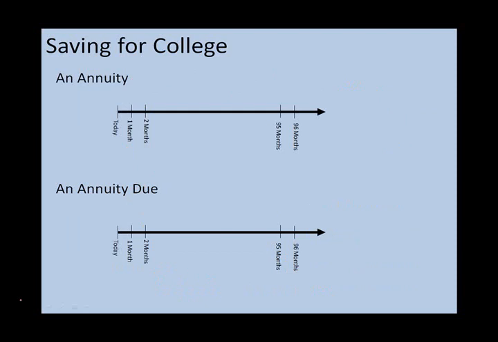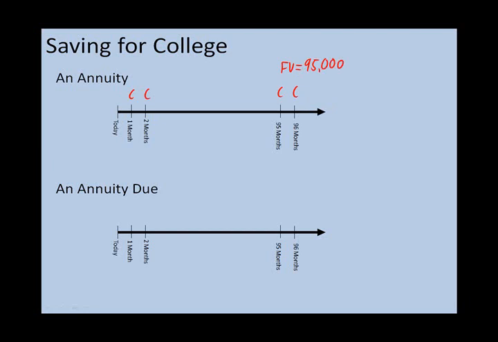To understand the differences between an annuity and annuity due, let's consider some timelines. With the annuity that we've seen in previous lectures, we know that the payments start 1 period from today. And we know that after 96 payments, the future value, or the value of all those payments invested over the 96 months, should come to $95,000.